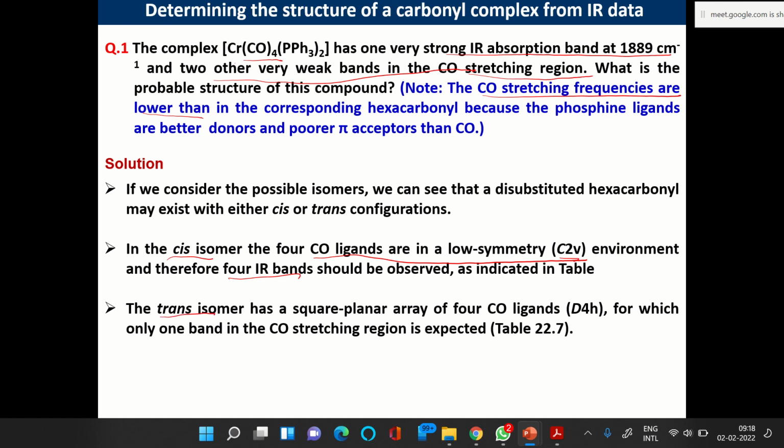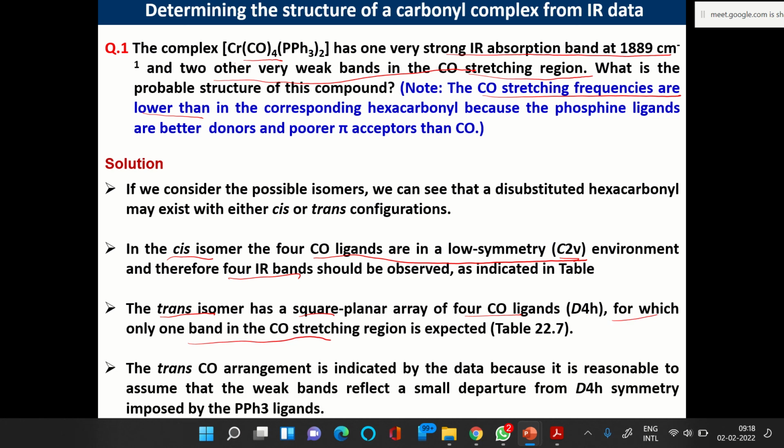But in the trans isomer, which is a square planar array of 4 CO ligands, D4h, only one band in the CO stretching region should be observed. So it is the second one that we are going for, that it is more likely to be a trans CO arrangement, and the weak bands reflect a small departure from D4h symmetry that is imposed by PPh3 ligands.